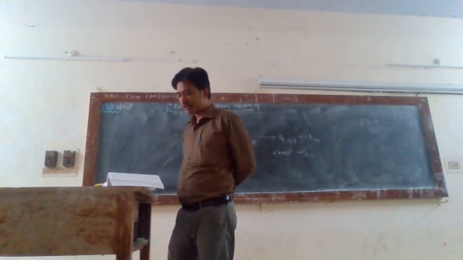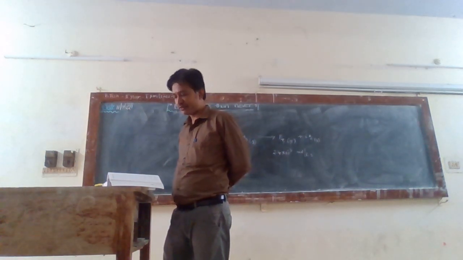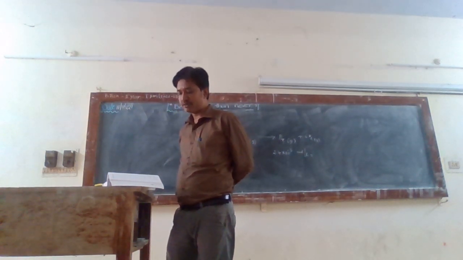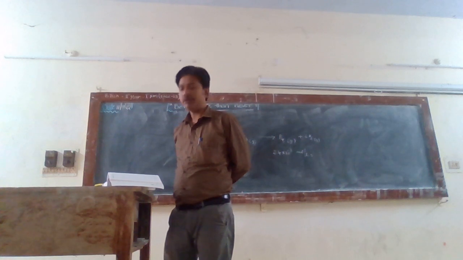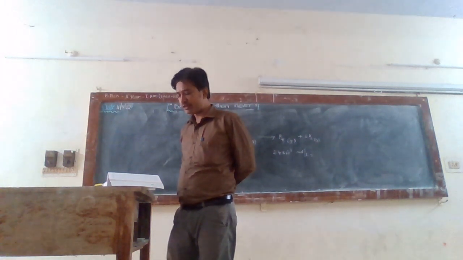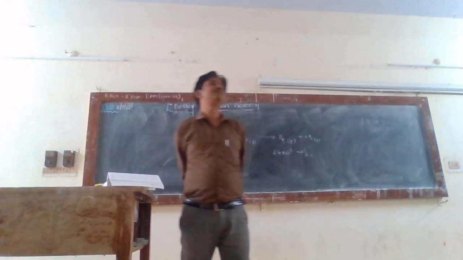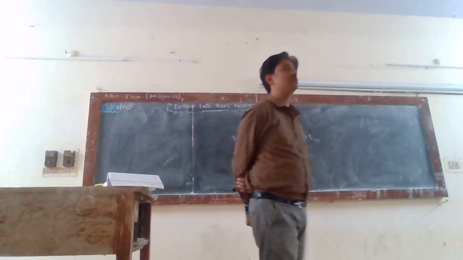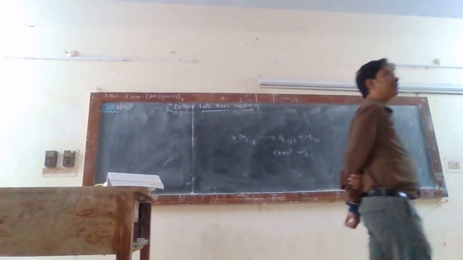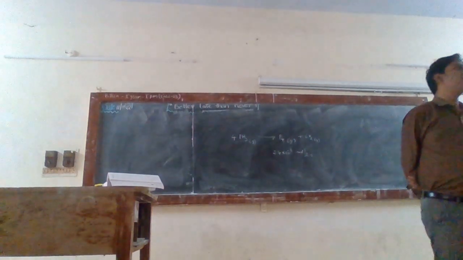The first question he asked is express the rate in three different ways and show the relationship between them. And the second question is what is the rate of formation of P4 and H2? Simple question. There is no ambiguity.